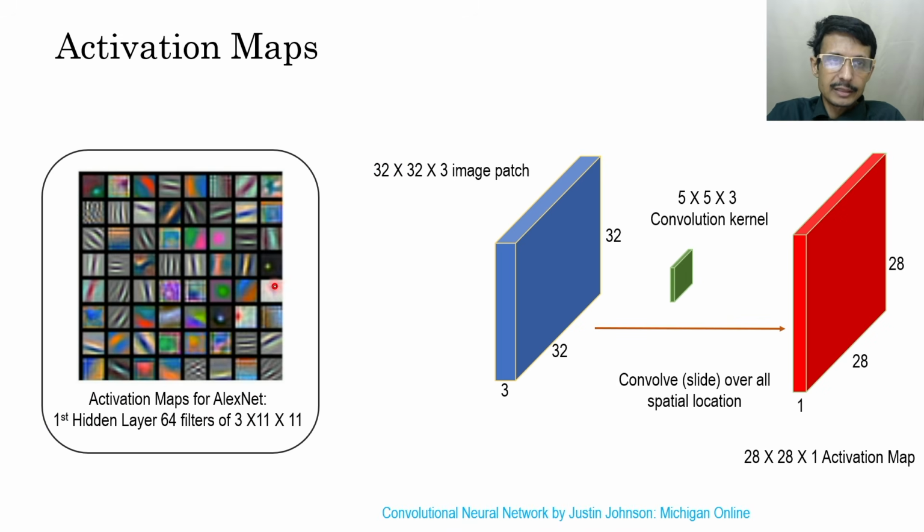Now here is a very interesting slide taken from Justin Johnson's online course: the activation maps from AlexNet. We will see AlexNet later. This is a very important convolutional neural network. First there are 64 filters, of size 3 into 11 into 11. So 64 different kernels are being used of size 11 by 11, and we get this.